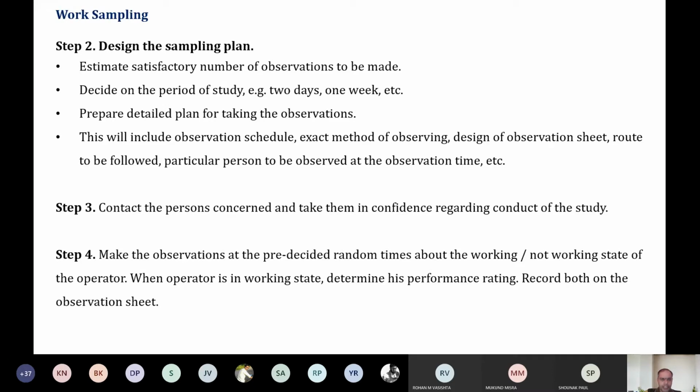Then you can define which kind of recording technique you are going to use. Then you should contact the person whom you are going to observe, and keep them informed. It has both negative and positive sides, because unlike in India, in other countries, if you want to even click a photograph in public, you should take permission.